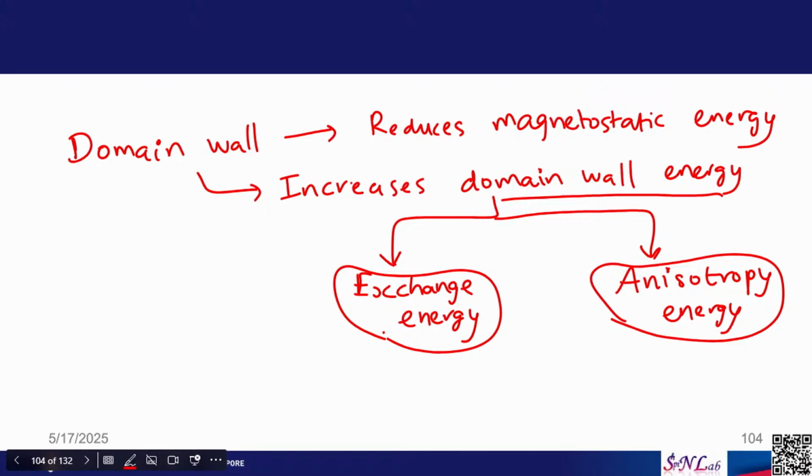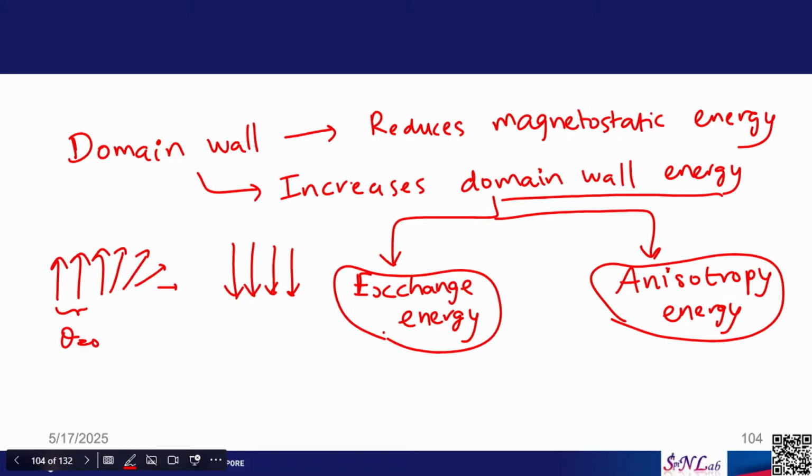So, what is this exchange energy? Where does it come from? Let us go back to the domain wall. Let us say we have spins like this, and here we have spins like this. Within the domain wall we learned that the spins have a certain angle. If you look at these two spins, theta is 0, and the Heisenberg exchange energy is the lowest, but if you look at these two spins, theta is non-zero.